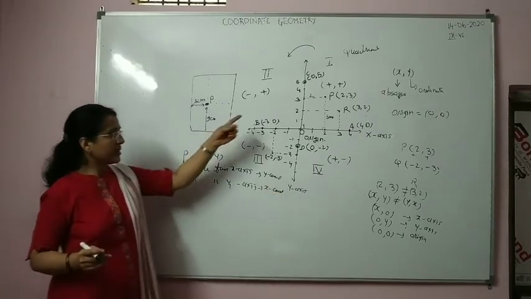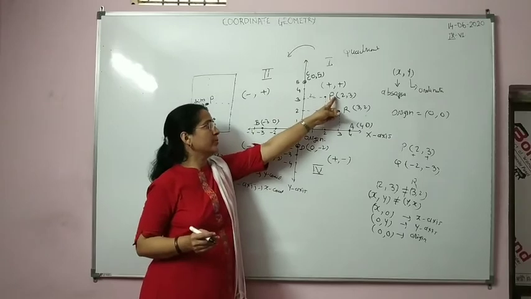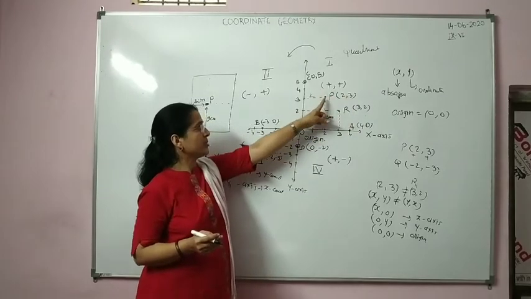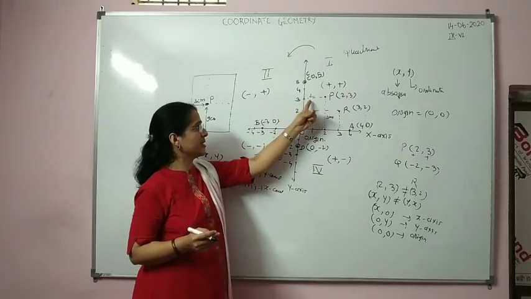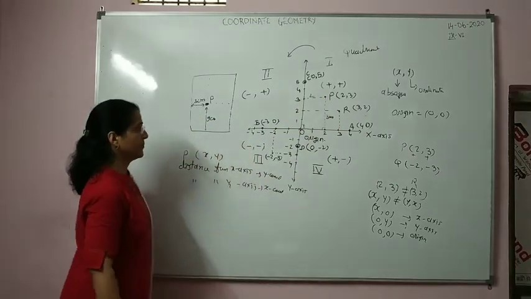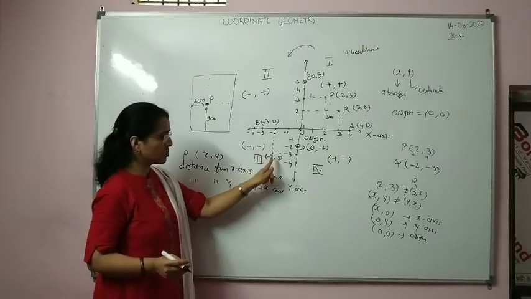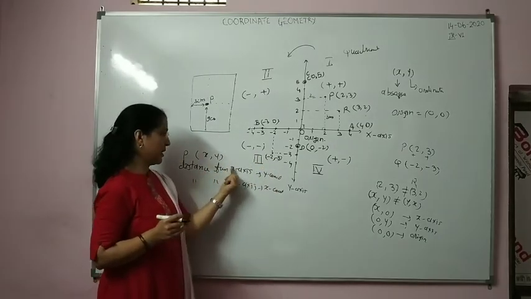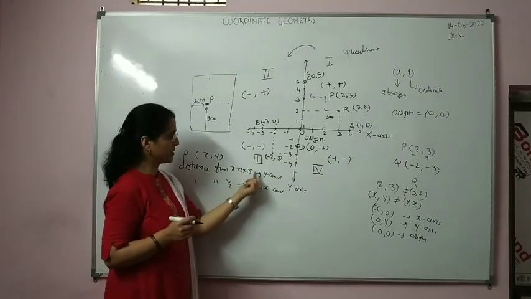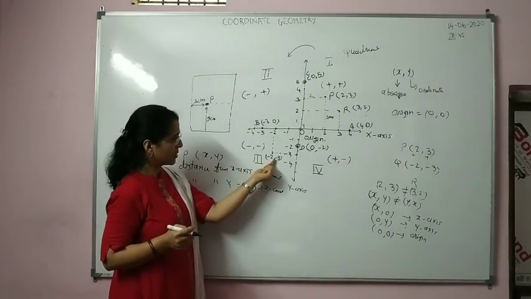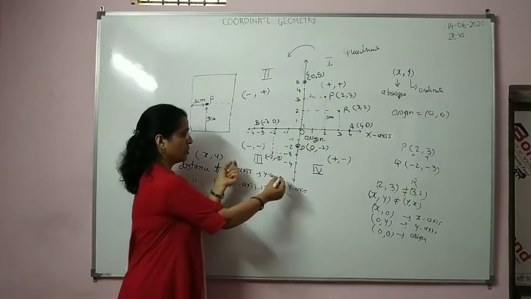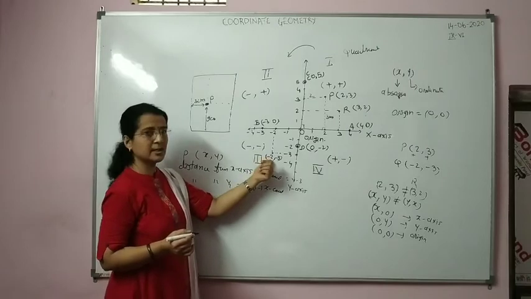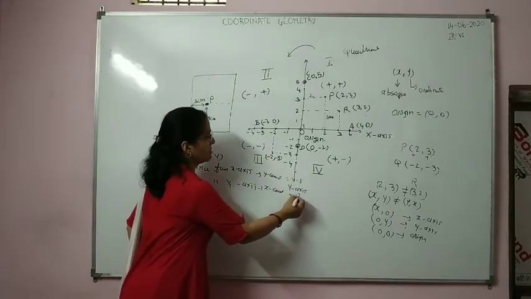Here the distance of the point 2, 3 from the x-axis is the y coordinate 3, and the distance of point P from the y-axis is the x coordinate 2. But if your point is -2, -3, the distance from the x-axis is its y coordinate, which is -3, and the distance from the y-axis is the x coordinate, which is -2.